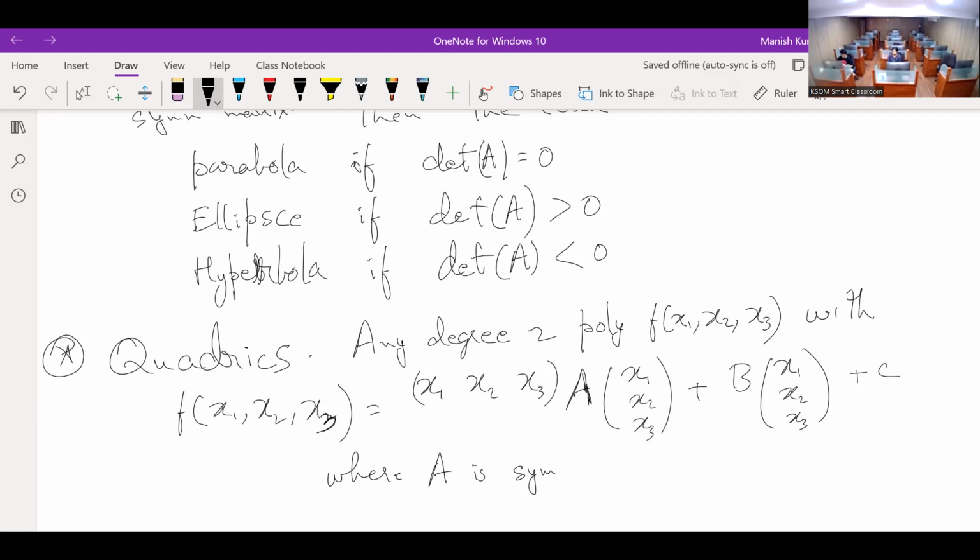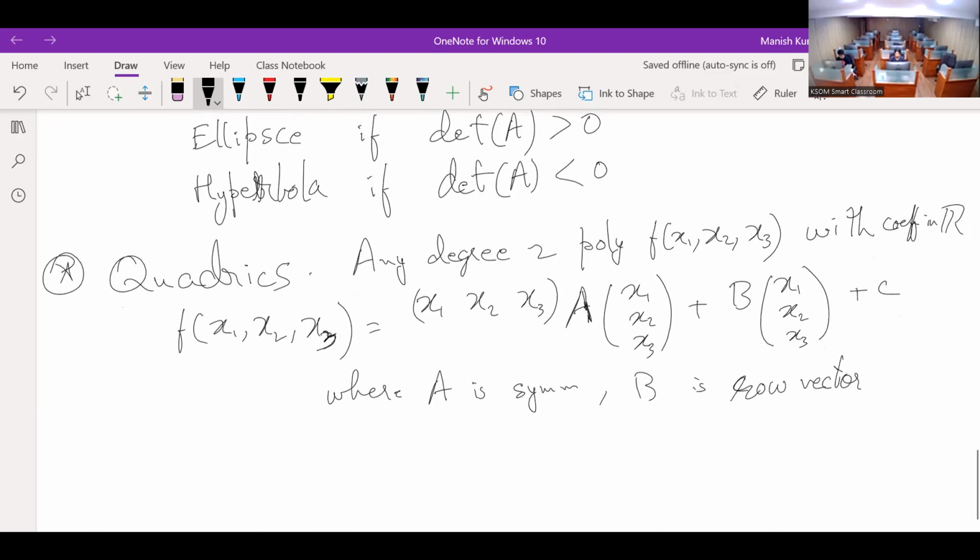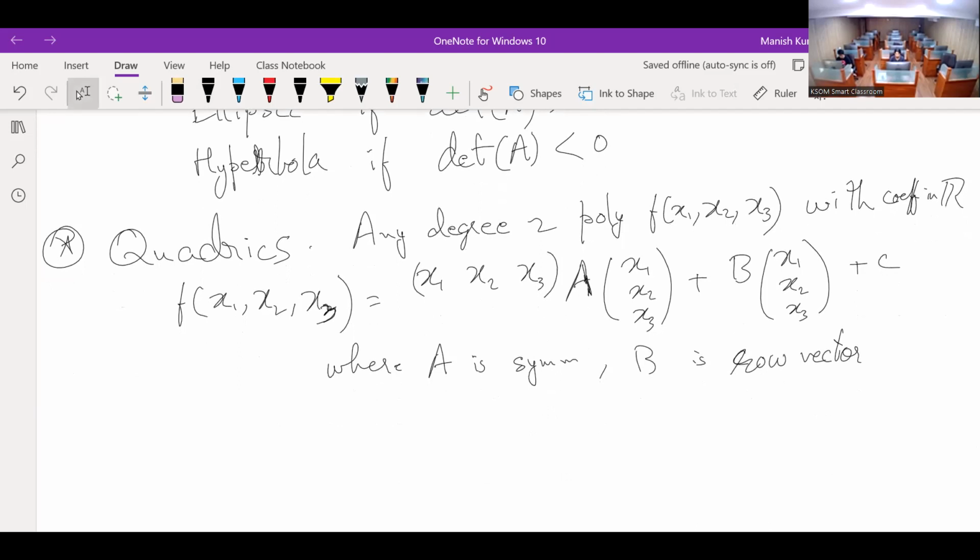The real numbers are important here, coefficients in R, not an arbitrary field, where A is a symmetric matrix and B is a row vector, B1, B2, B3. Okay, so this is like the previous case.